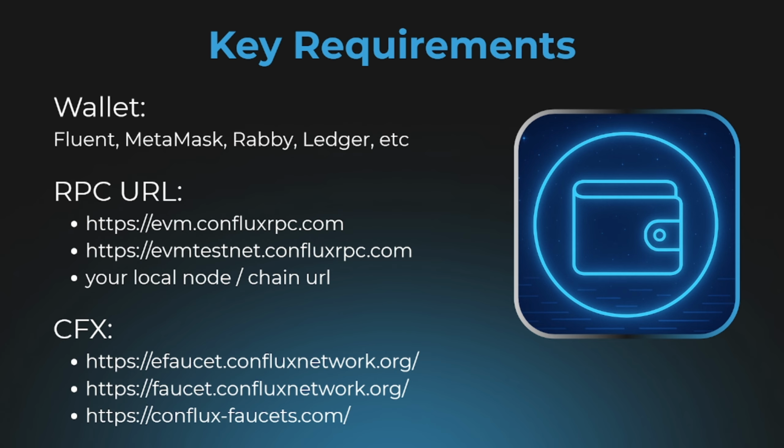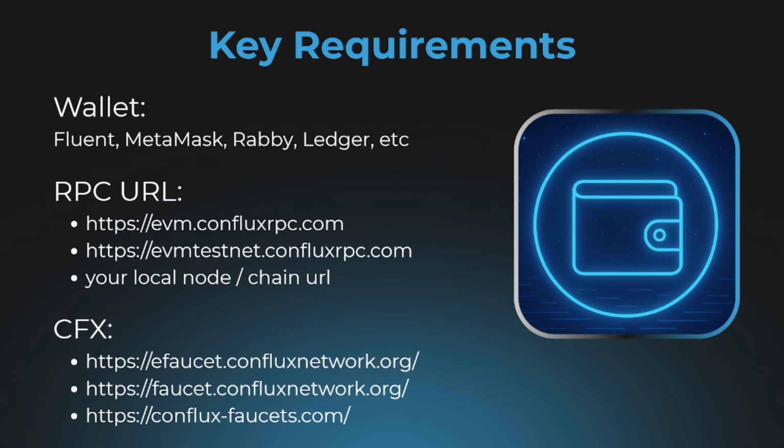Then for RPCs, these are the examples for the RPCs for Conflux ESpace, both mainnet and testnet. And then there are the RPCs for Core Space as well. Here you can also use your own local chain, which you can run locally, or your own node as an RPC provider.